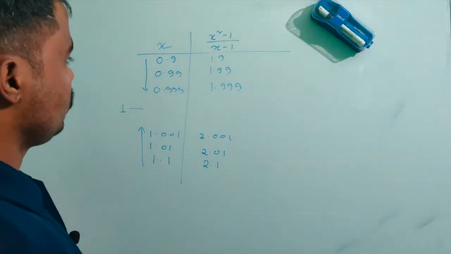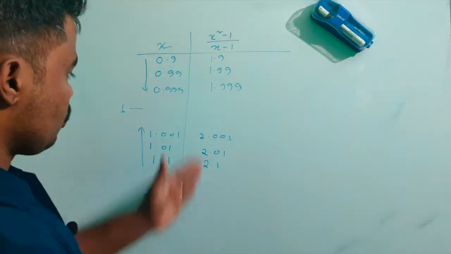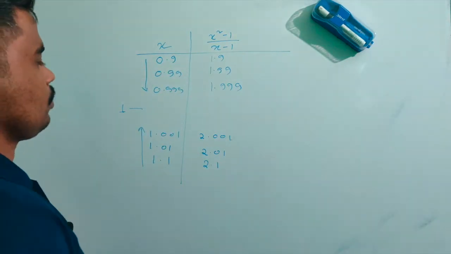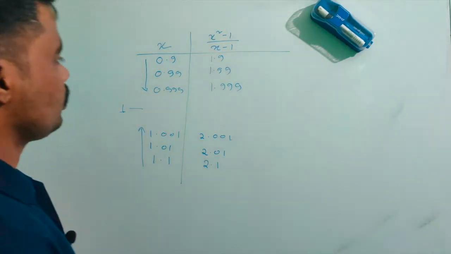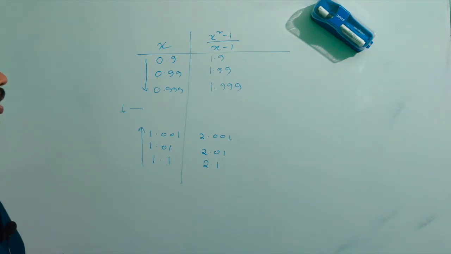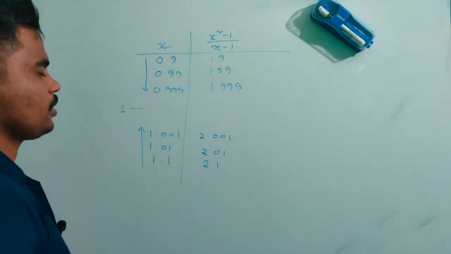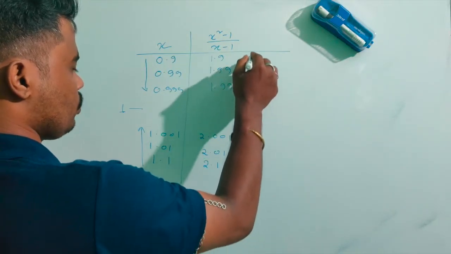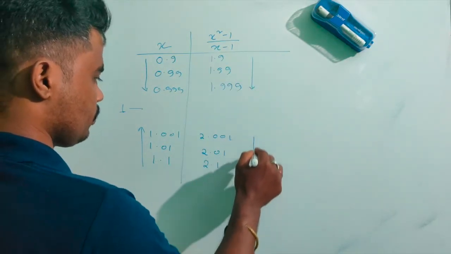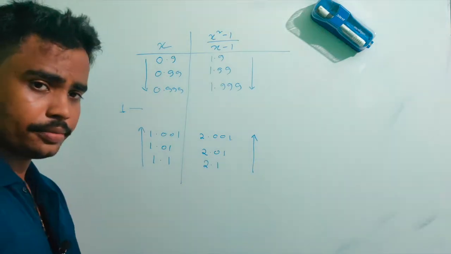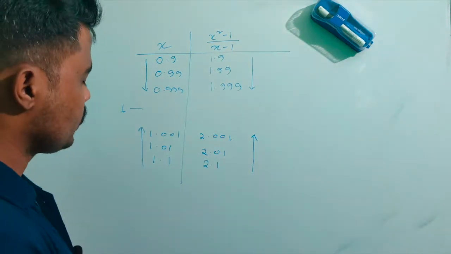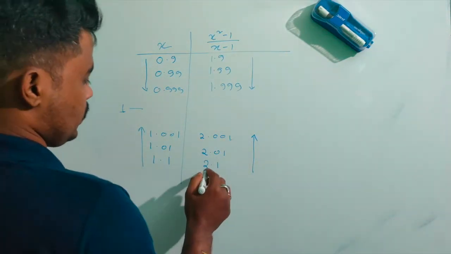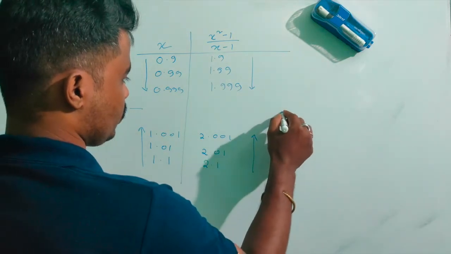Now, from this table, if I look at the output, what can we infer? We can see that my output is moving closer to some particular number, that is, we can say 2.